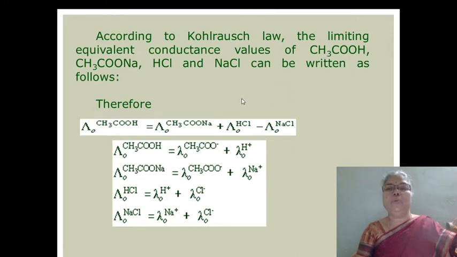Then, for determining the λ0 of acetic acid, we have to sum up the λ0 of sodium acetate and HCl, and from this sum we have to subtract the λ0 of NaCl, and by cancelling the common ions we get, at the last, λ0 of NaCl equal to λ0 Na+ plus λ0 Cl−.